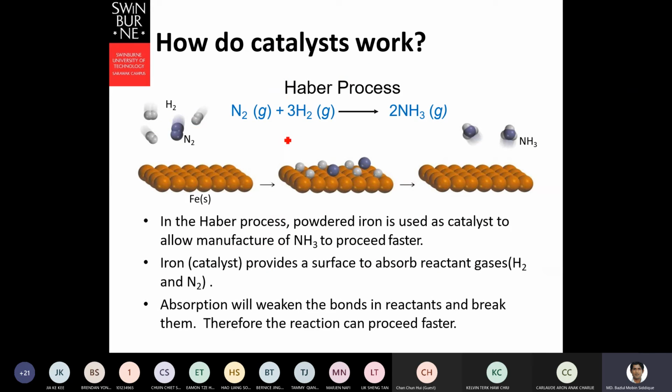How do the catalysts work? This reaction that you are seeing in front of your eyes revolutionized the whole chemical industry like 100 years ago.